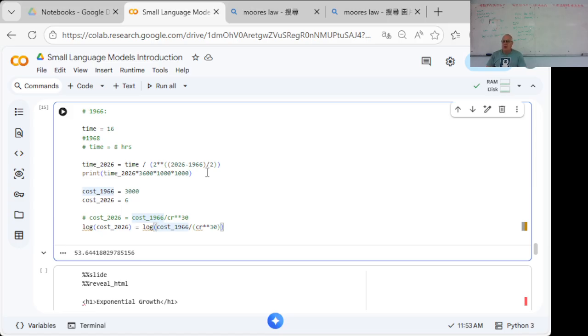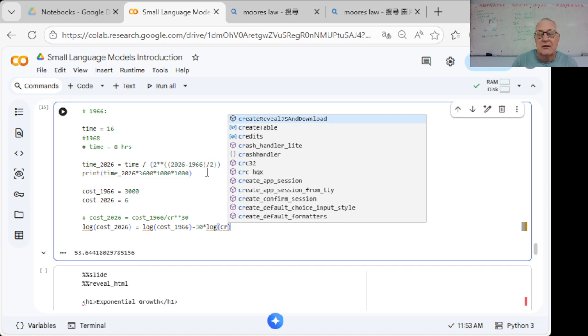It reduces the power. So multiply becomes plus, division becomes minus, correct? So this should be log of cost 1966 minus the log of CR to the power of 30, right? Which becomes 30 times the log of CR, right?